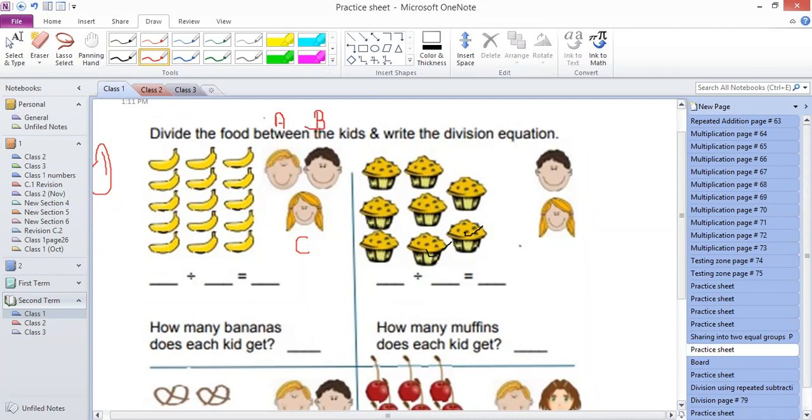So guys, in order to divide it equally, the first thing you should know is how many total bananas there are. So count the number of bananas and tell me how many total bananas are there. How many total bananas are there, guys?